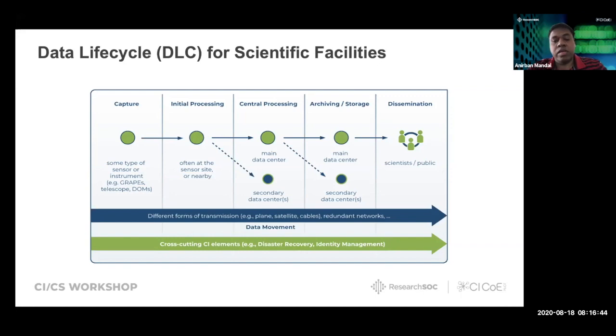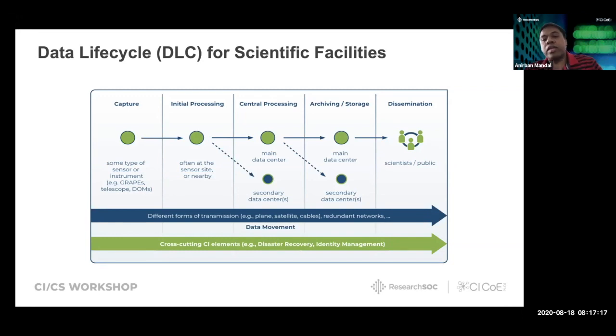They have even experimented with different cloud platforms to perform central processing. And if you think about data movement, they do a lot of data movement from UW to wherever they're backing up to, maybe NERSC. They might move data to Europe to the DESY facility. So every step can be incredibly complicated, and depends on the particular facility.